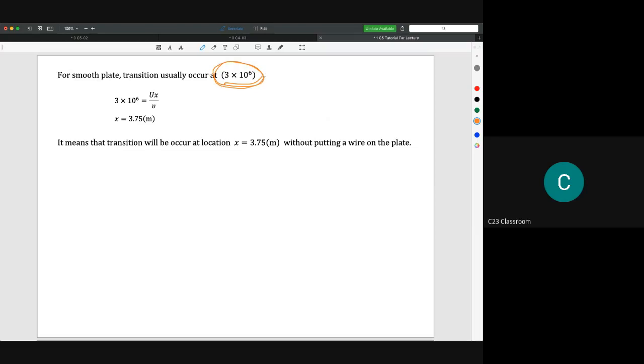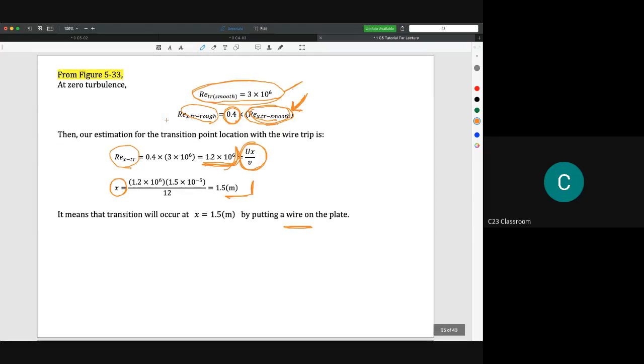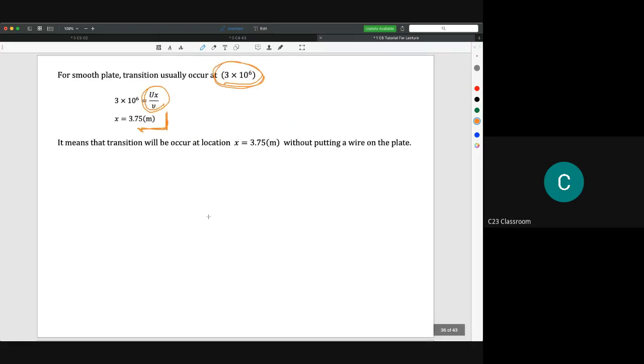If we equate with the Reynolds number Ux over nu, the transition from laminar to turbulent boundary layer will occur normally, without any disturbance, at 3.75 meters. So if you put a wire there, the transition occurs at 1.5 meters. If you do not have a wire, the transition will occur at 3.75 meters.